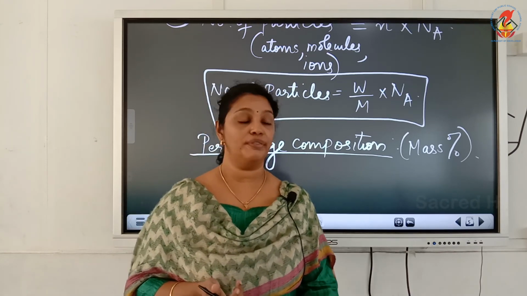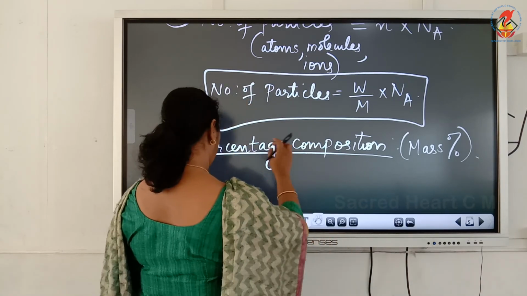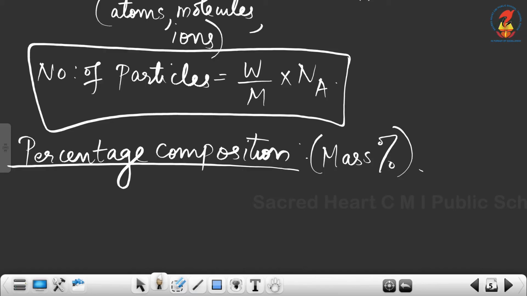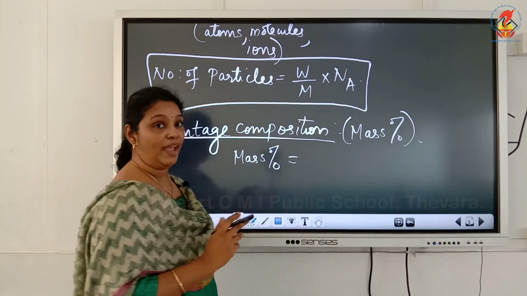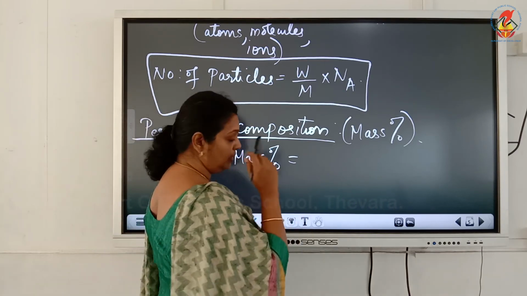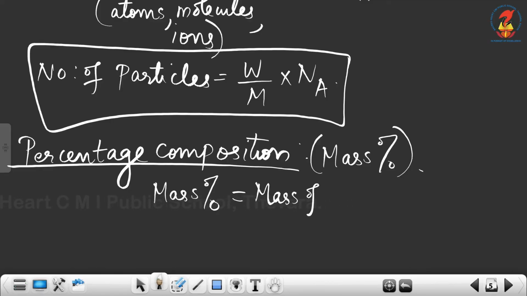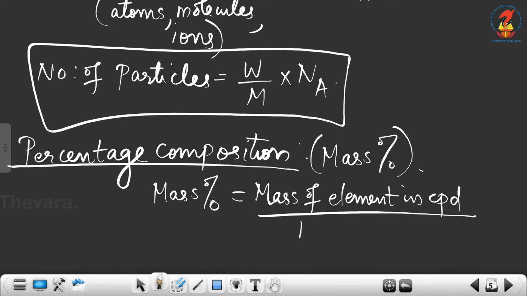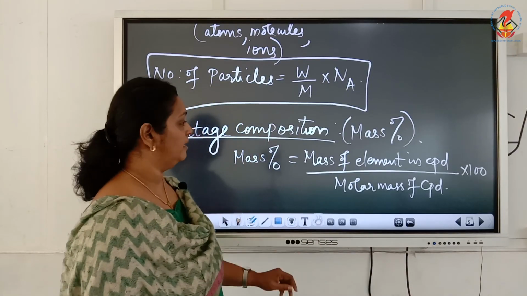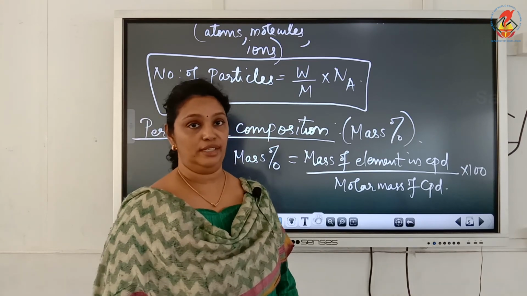There is an expression to find the percentage composition or mass percentage. It is the percentage of atom in a given compound. Mass percentage is equal to mass of element in compound divided by molar mass of compound into 100. So this is the expression to find the mass percentage.